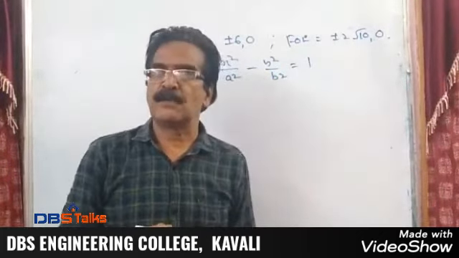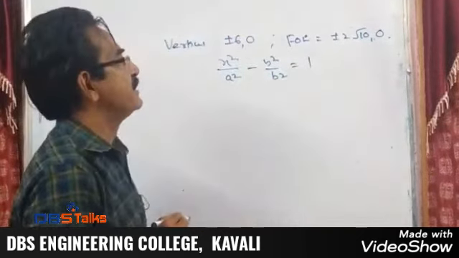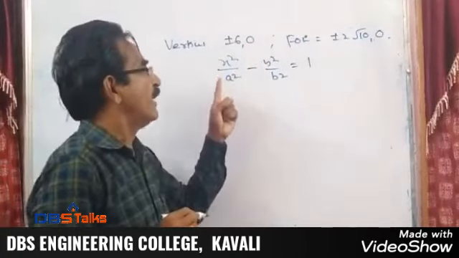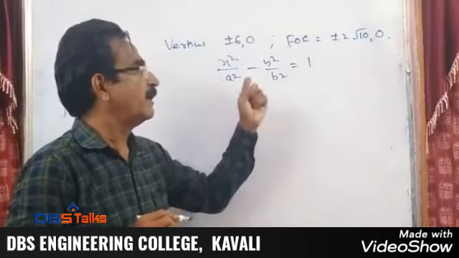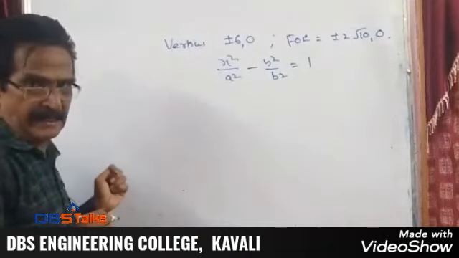So we need to find the values of a square and b square. Then we can write the equation.